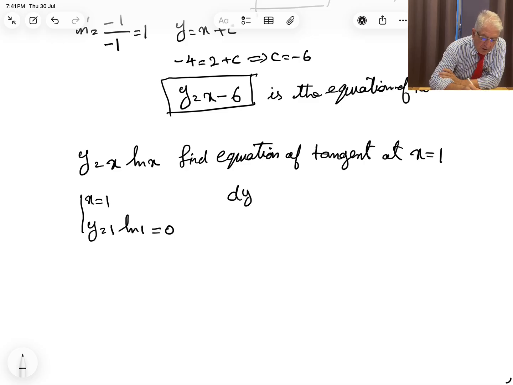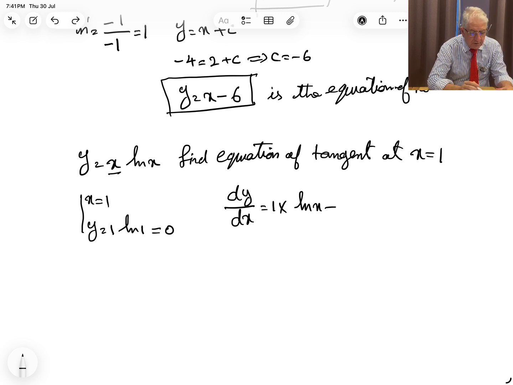First I have to find dy by dx. You can see that it's a product of two functions, x ln x. Therefore I have to use the product rule. The derivative of the first one, which is x, is 1. Therefore 1 times ln x plus the derivative of the second one, ln of x, which is 1 over x, times the first one, which is x.